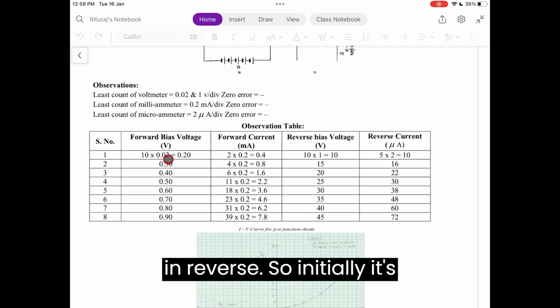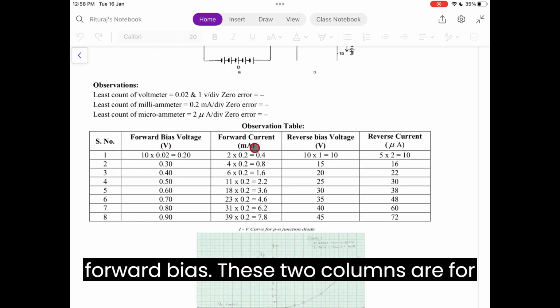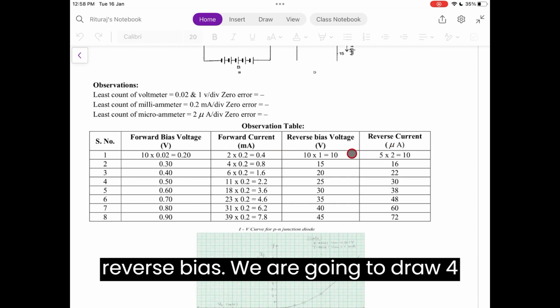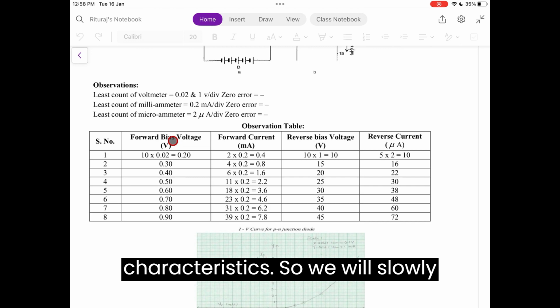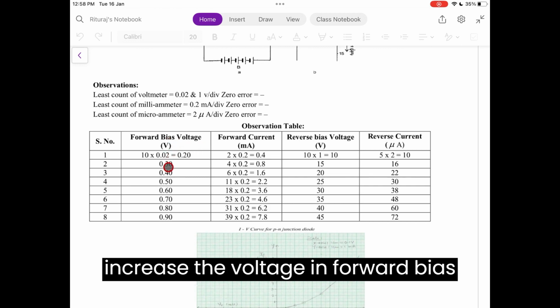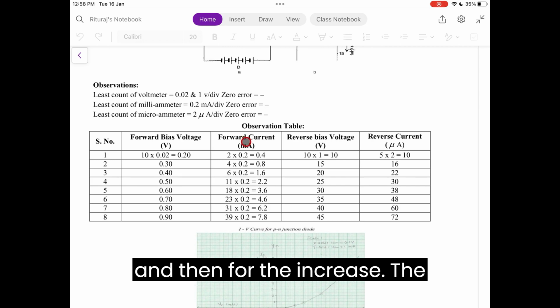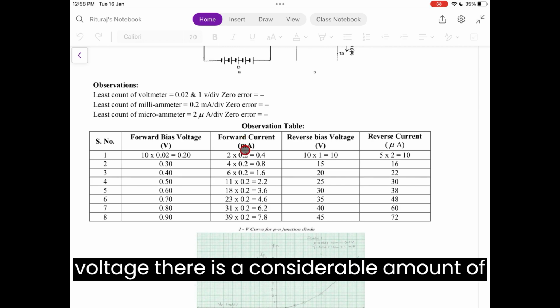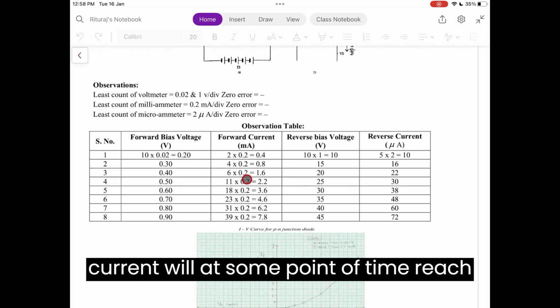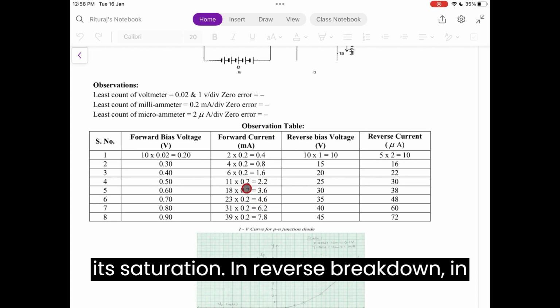Initially in forward bias, these two columns are for forward bias, these two columns are for reverse bias. We are going to draw IV characteristics. So we'll slowly increase the voltage in forward bias, and for the increase in the voltage, there is a considerable increase in the current also, and the current will at some point reach its saturation.